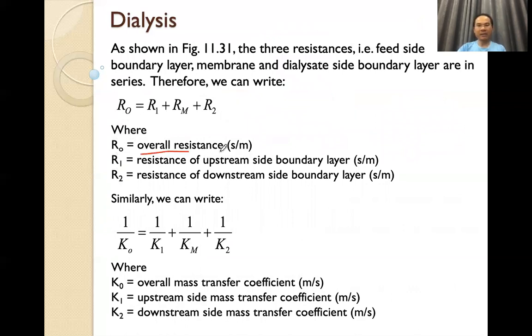RO is the overall resistance, R1 is the resistance for upstream, and R2 is the resistance for downstream. Similarly, you can correlate KO, the overall mass transfer coefficient, in terms of K1, Km, and K2. Upstream side is K1, downstream side is K2, and Km is the mass transfer coefficient due to the membrane itself.